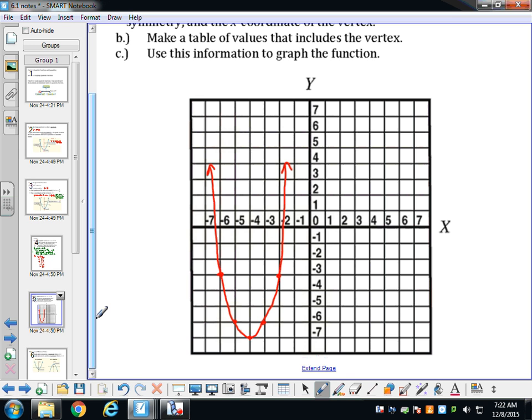Now, if I wanted to also draw in the axis of symmetry, remember my axis of symmetry is x equals negative 4. So that's this vertical line, which exactly cuts my parabola in half. And it goes through my vertex.